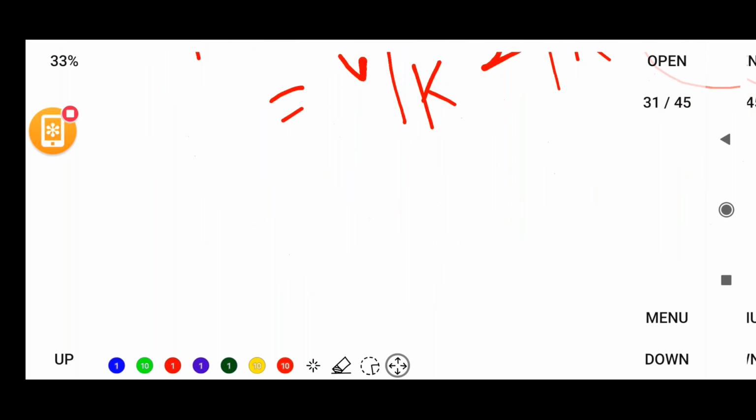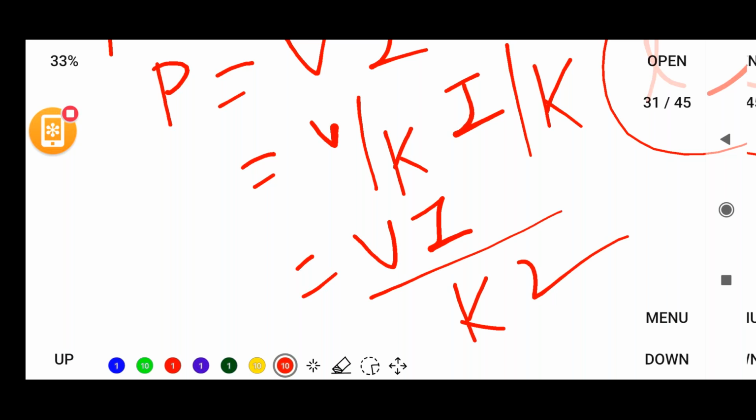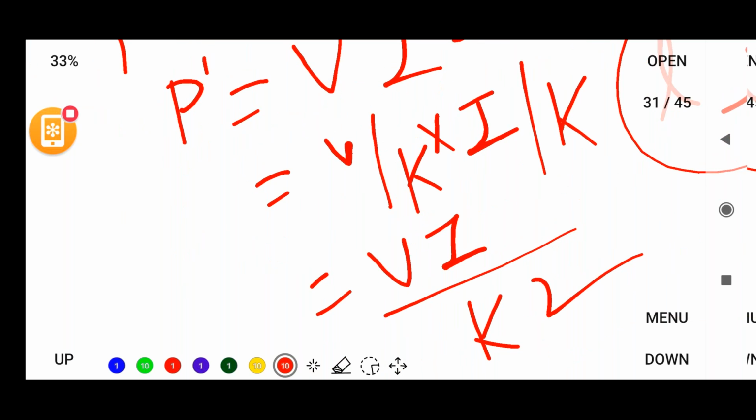So now what is the new value? The new value is V into I divided by K square. I think you understand this one. P is equal to V into I divided by K square. K is your scaling factor. Suppose my power consumption after scaling is P dash.